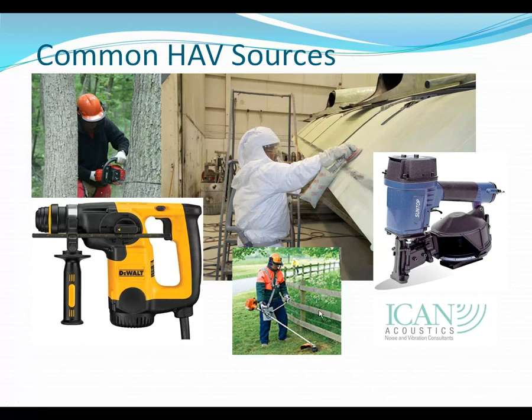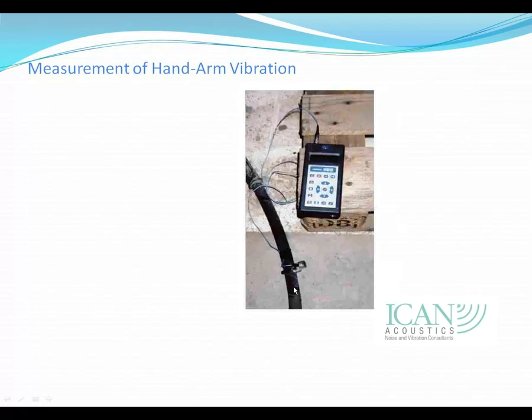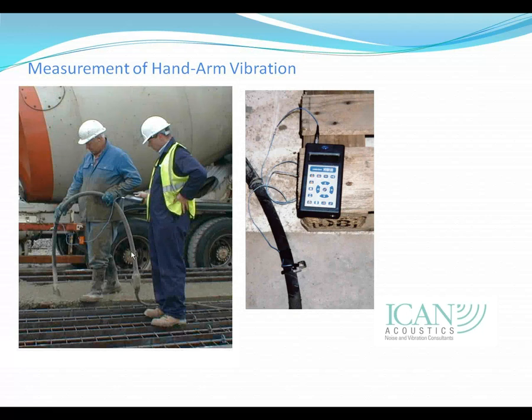Okay, so moving on to the next slide then, we're dealing specifically with the measurement of hand-arm vibration. This is one particular application where this vibrating device is used to get rid of air in concrete, if you like. But it vibrates, and it induces vibration up into the hand.